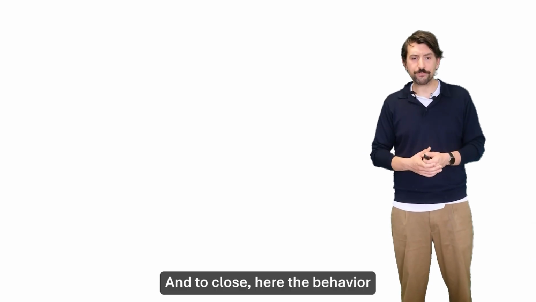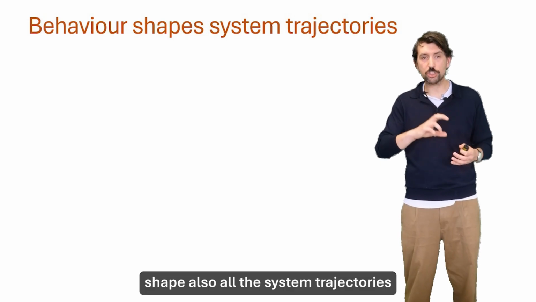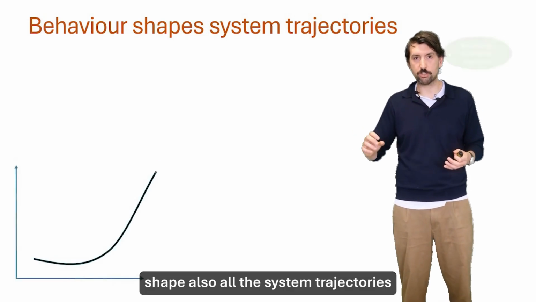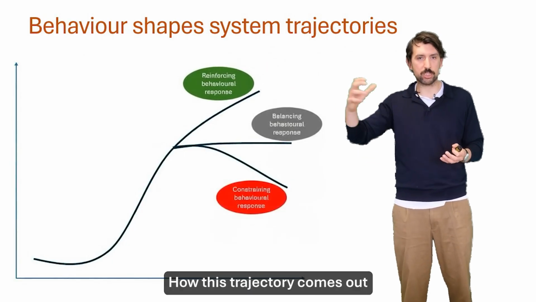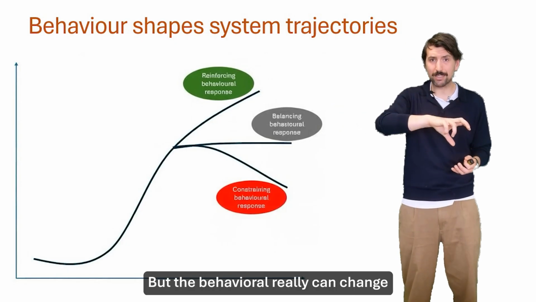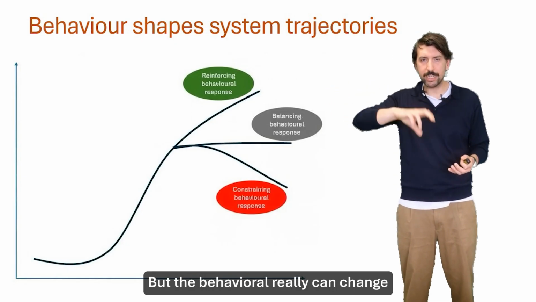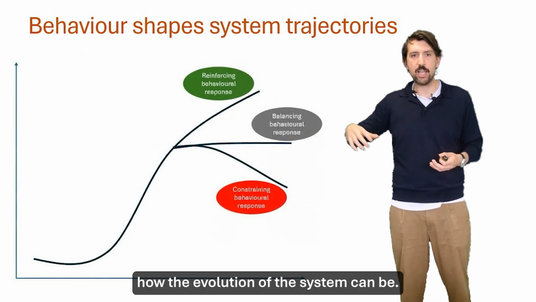And to close, behavior also shapes all the system trajectories that we will see in the next unit, in Unit 2, and how these trajectories come out from the system dynamics models. But the behavior really can change how the evolution of the system can be.